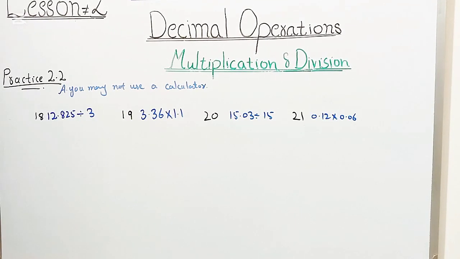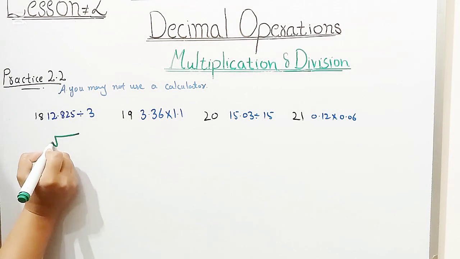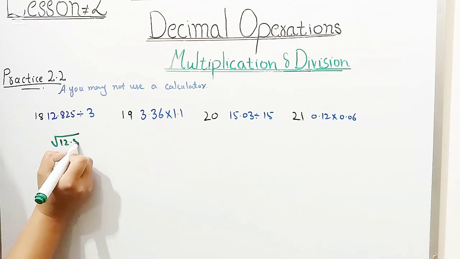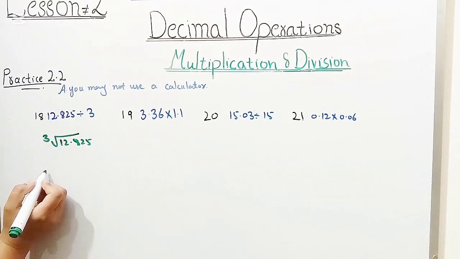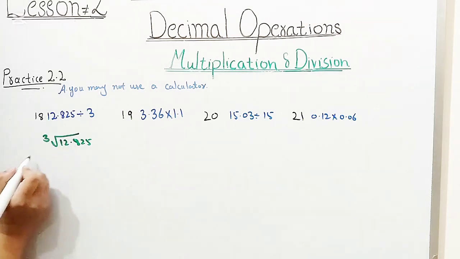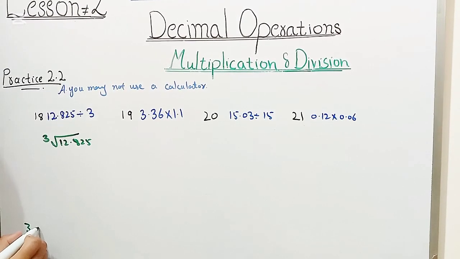Question number 18. 12.825 divided by 3. Yes. 3 1s are 3. 3 2s are 6. 3 3s are 9. 3 4s are 12.